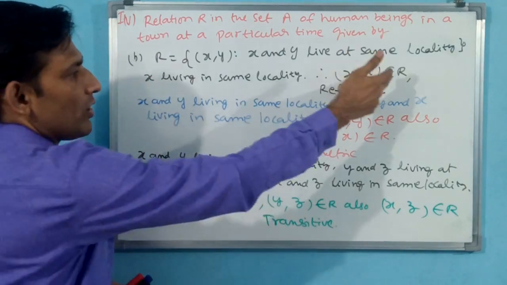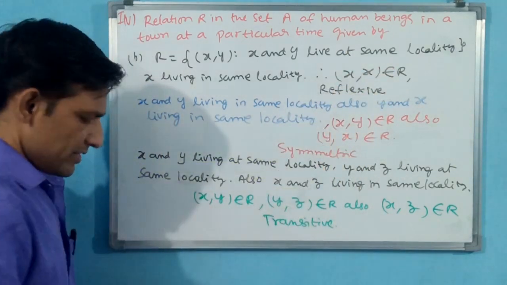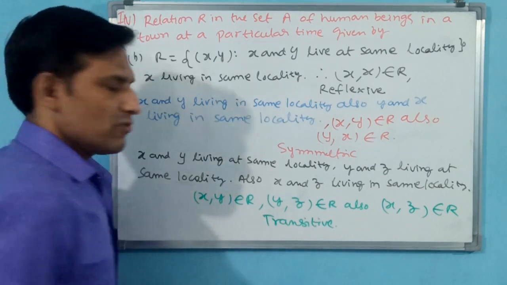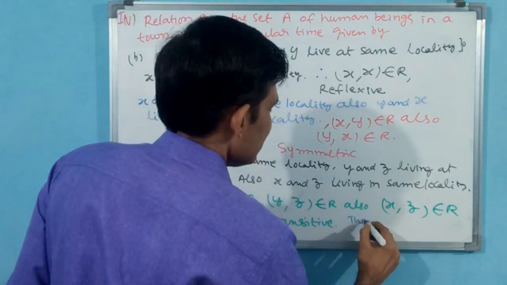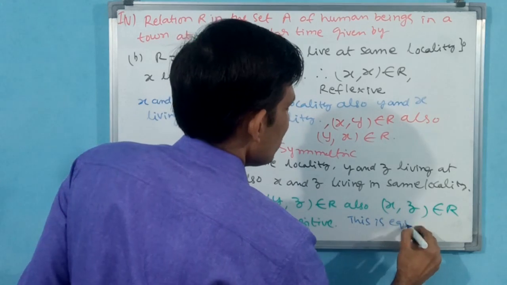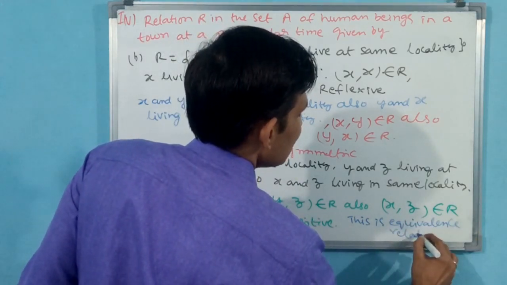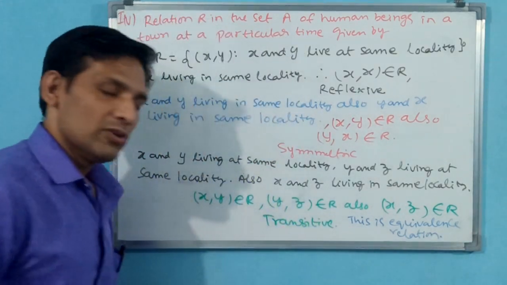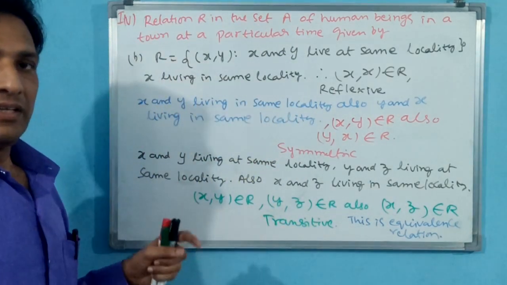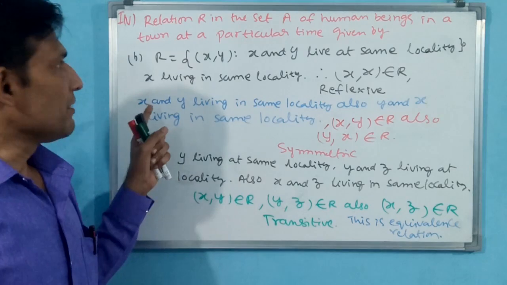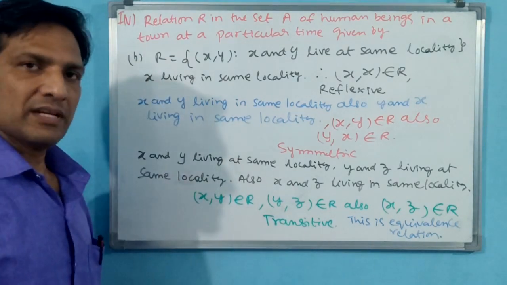Now all three have come: reflexive, symmetric, transitive. Then this is equivalence relation. You write like this, and conclude. Okay. This is the part B of your fifth part. We go for C.